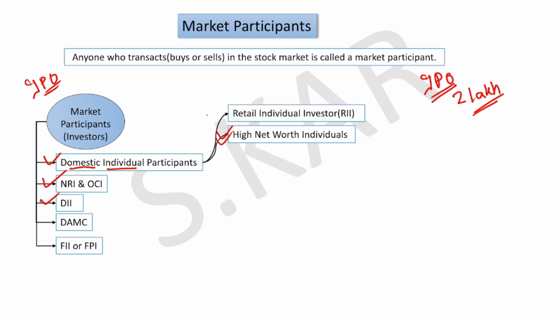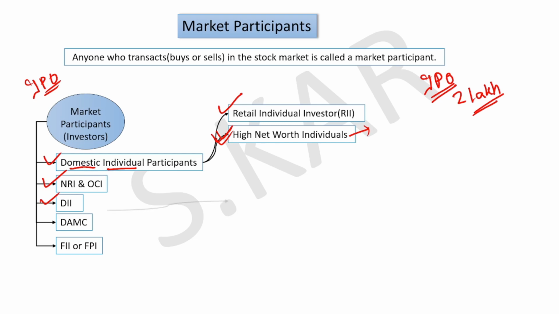So the domestic individual participants have retail individual investors or high net worth individual investors. High net worth individuals usually have a net worth of more than 5 crore rupees. So if anyone has a net worth of more than 5 crore rupees, then they would fall under the high net worth individuals, mostly the seasoned entrepreneurs, businessmen, the investors and all fall under that group.